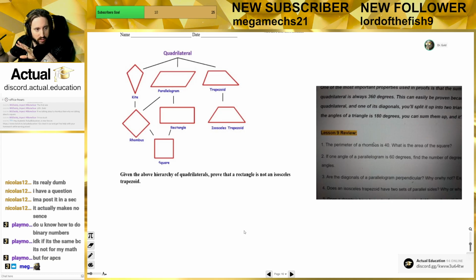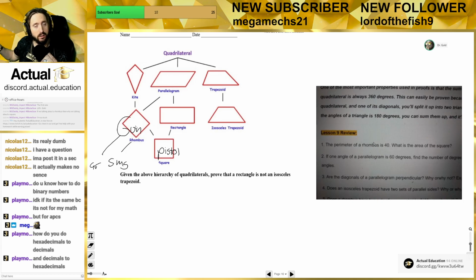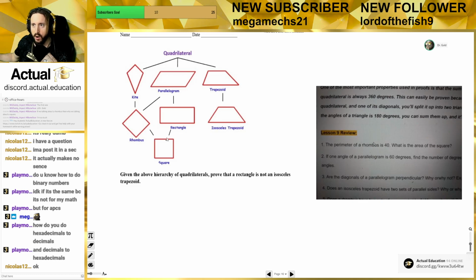So all pistols are guns, but not all guns are pistols. Say this is gun, and this is pistol, and another one is SMG, or AR. All of these are technically a type of gun, but not all guns are pistols. It's the same here: a square is a special type of rhombus.